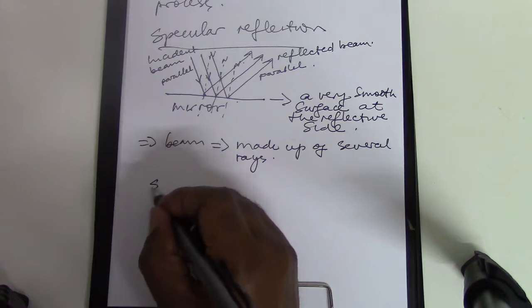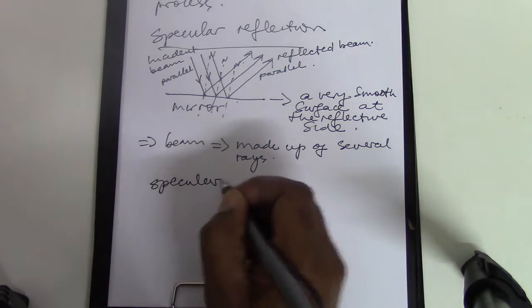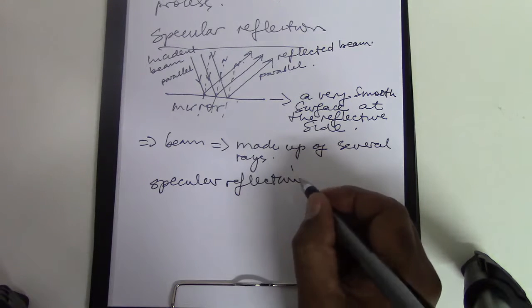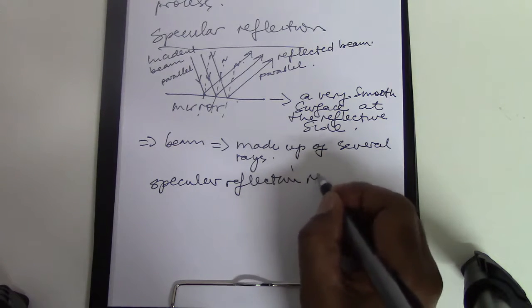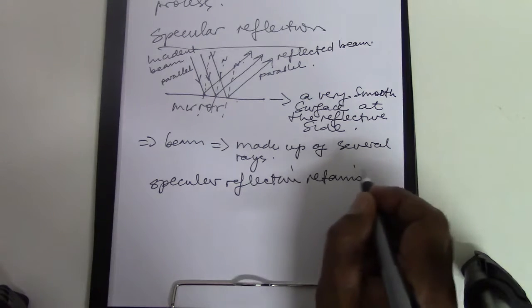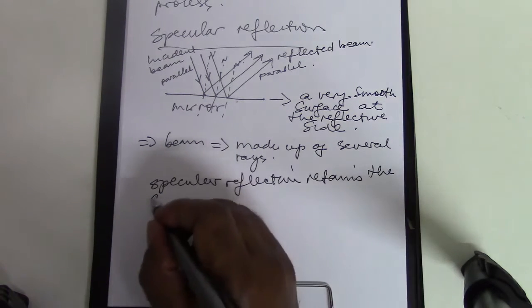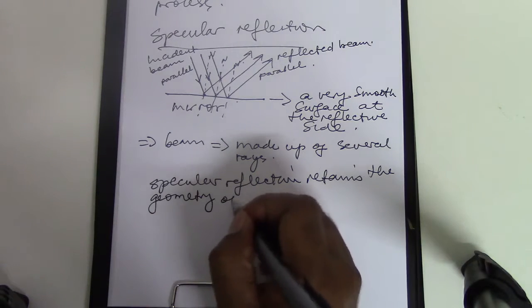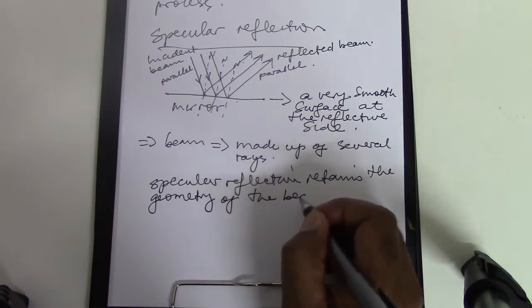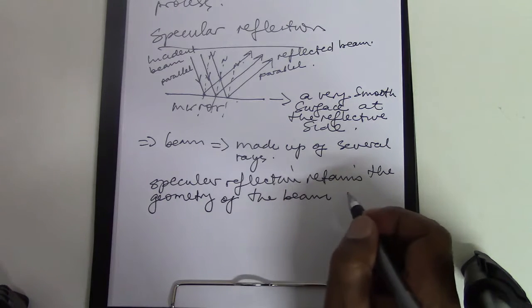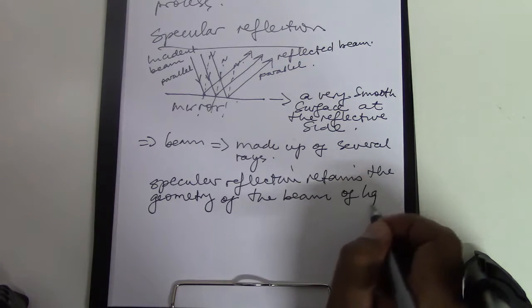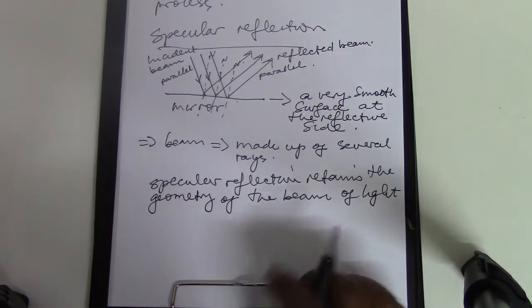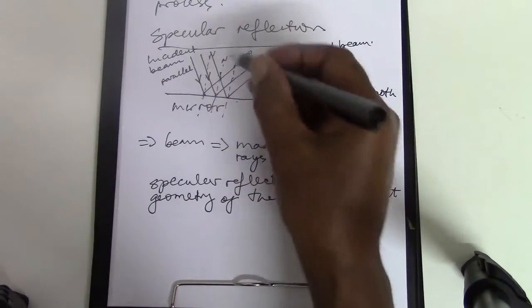So we say then that specular reflection retains the geometry of the beam of light. Look at this. It's retained.